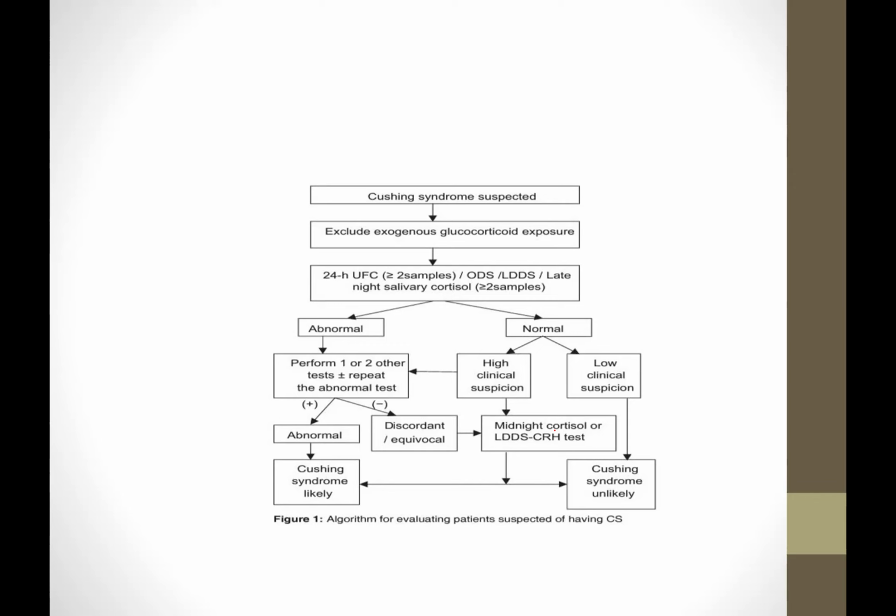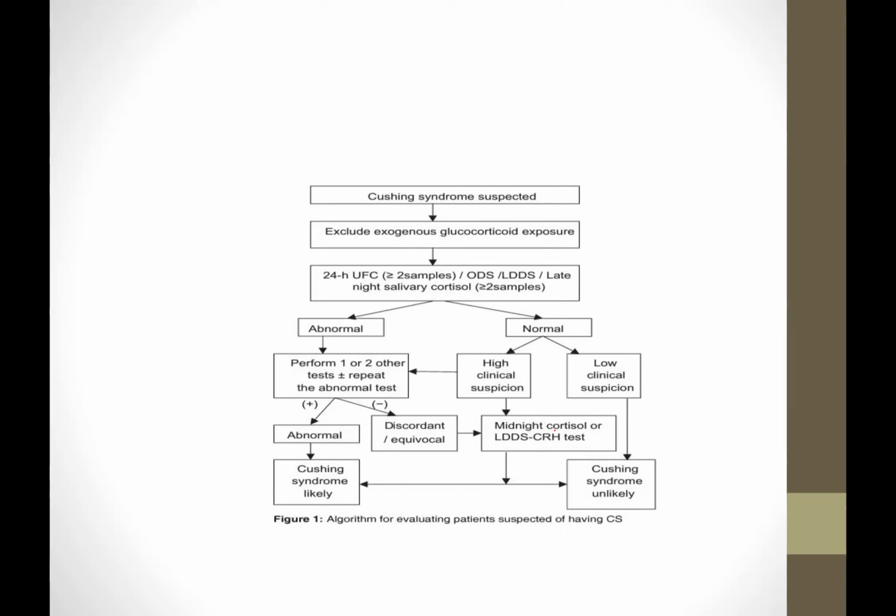If any test is abnormal, perform 1 or 2 other tests or repeat the abnormal test. If it is abnormal, Cushing syndrome is likely. If it is discordant, that is one test is positive and the other test is negative, or it is equivocal, then we will do midnight cortisol or low dose dexamethasone suppression with corticotropin releasing hormone test.